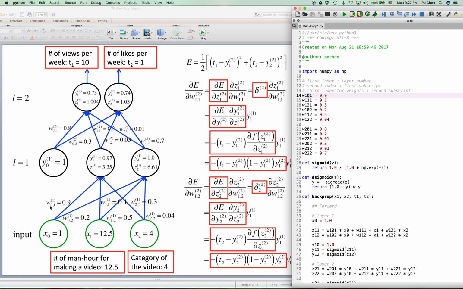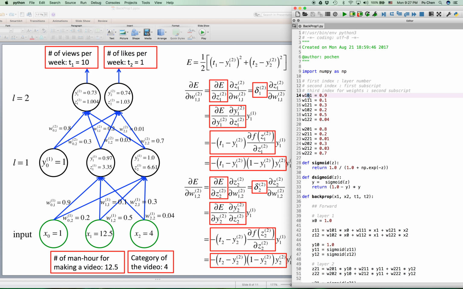The first subscript indicates the neuron index in the lower layer, and the second subscript indicates the neuron index in the upper layer. The W is associated with the connection that goes from the lower layer to the upper layer. So the second index is the first subscript, and the third index is the second subscript.